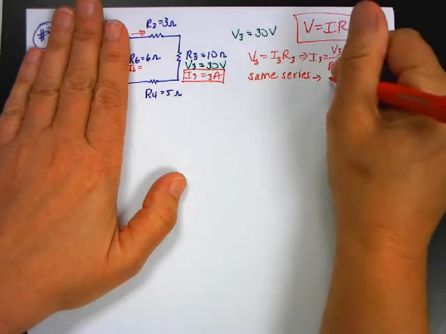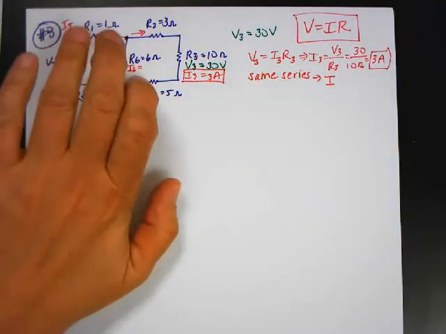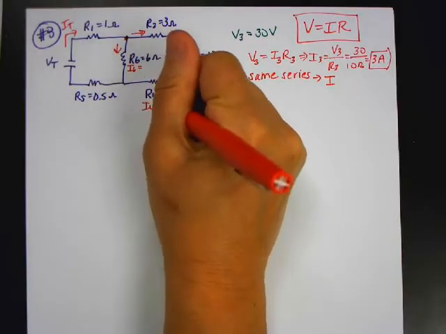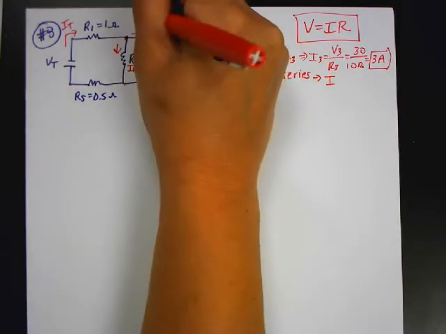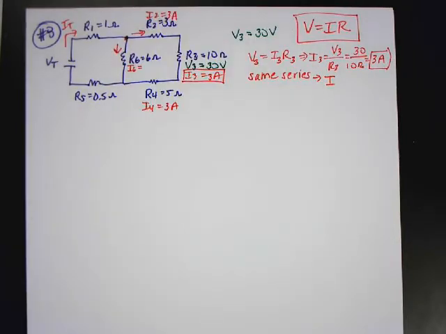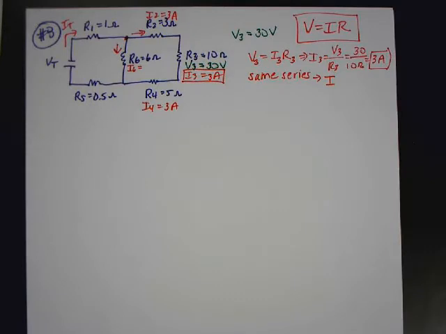Well, I know in series what's the same is the current I. So if this is 3 amps, that means this is 3 amps, and that means that this is 3 amps, because in series, the current is the same. So that table in your notes that most of you knew for the quiz, you have to know that for the test. You have to know parallel, you have to know series, and you have to know Ohm's law, and then you're good to go.